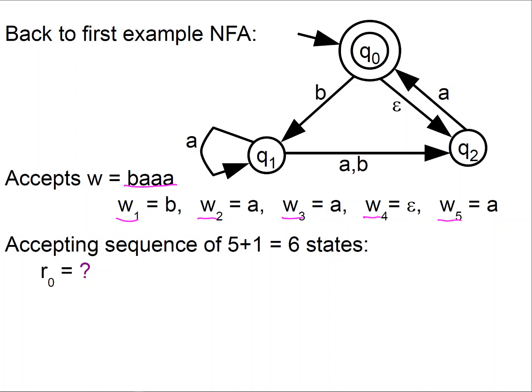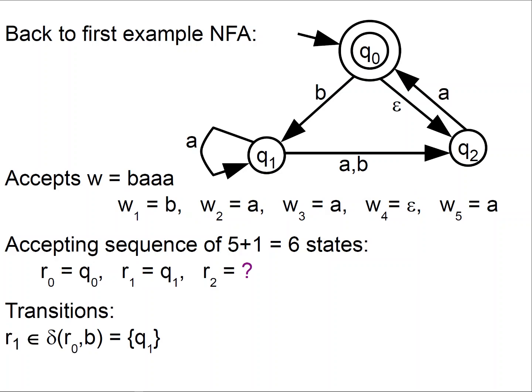These are 5 symbols, and W4 is epsilon for the epsilon transition. Now I need to give a sequence of 6 states. R0 is the start state. R1 is what? Try to guess it every time.